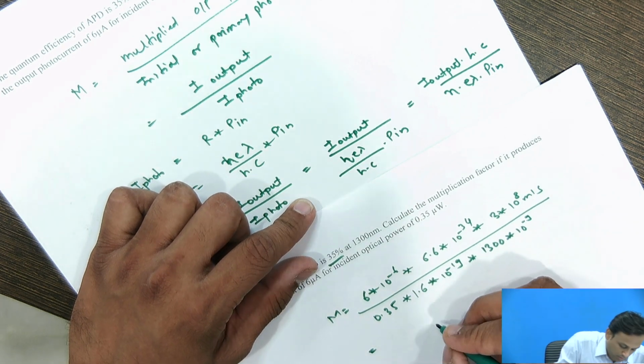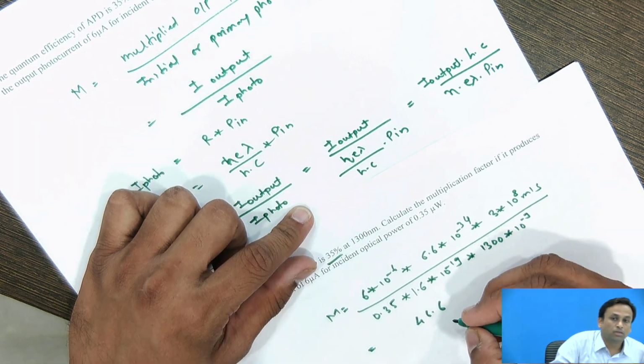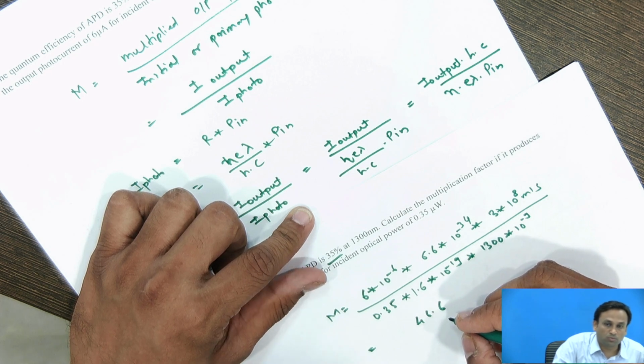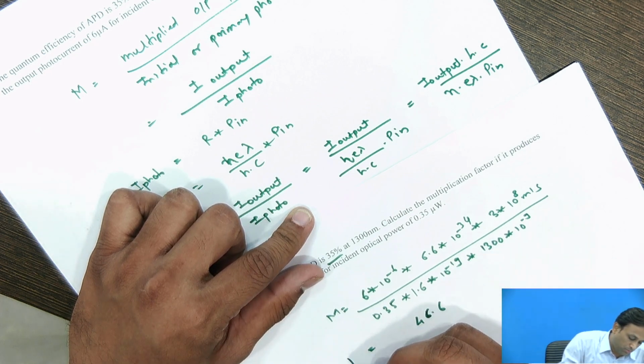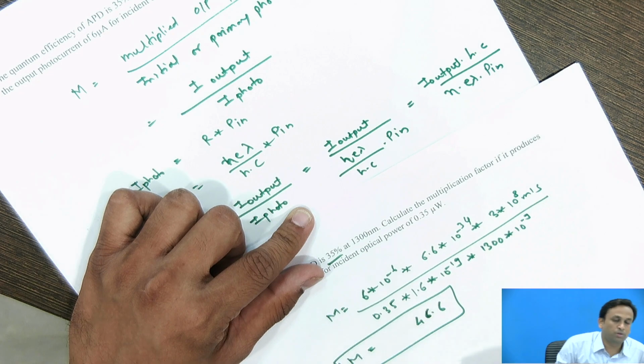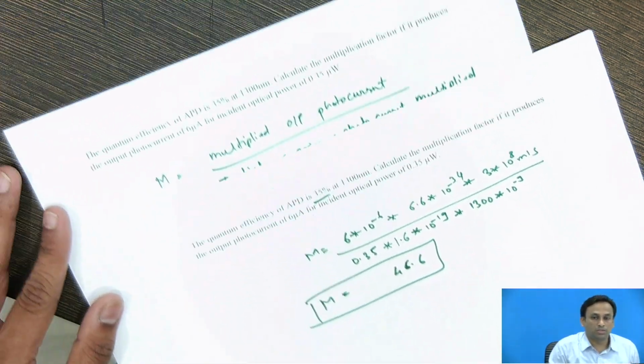If you calculate this, it comes to 46.6. So your multiplication factor is 46.6.